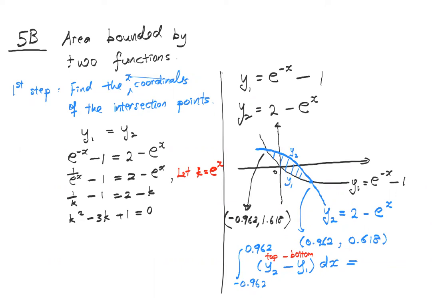You have to check for yourself. Maybe your y1 and y2 is the inverse of mine, I don't know. As long as it's the top minus the bottom. Okay, answer. Syntax error. Where is my syntax error? Ah, there's a plus sign there. Delete. Okay, what do you get?